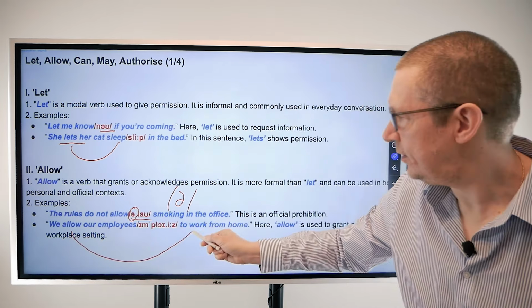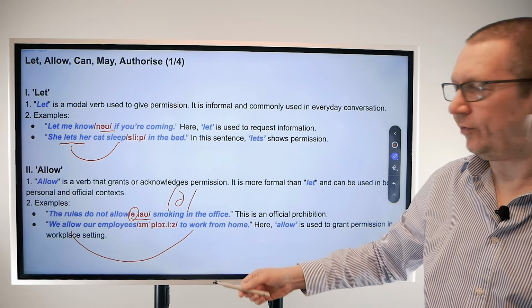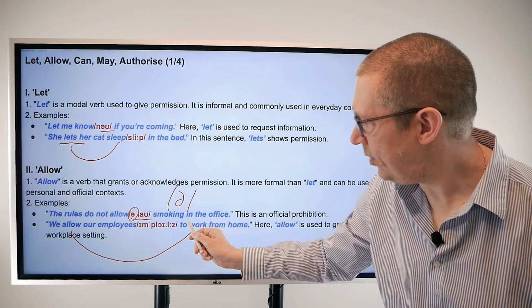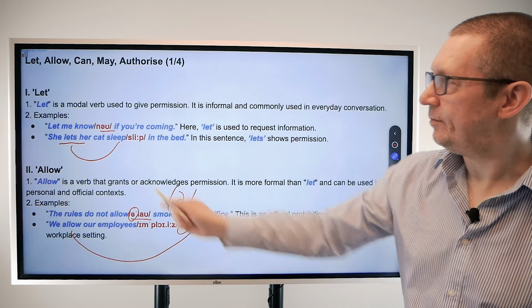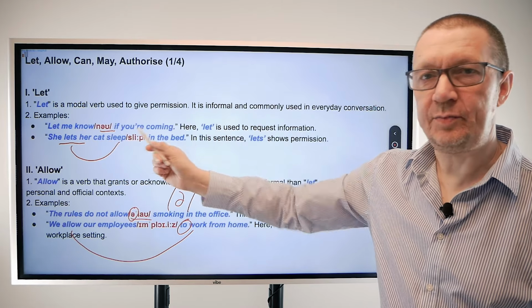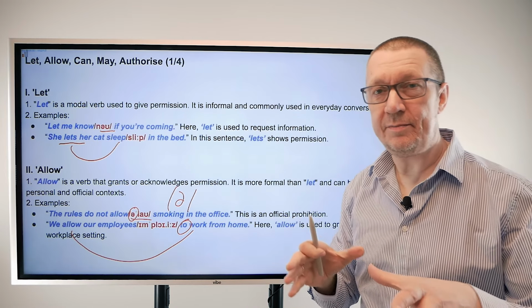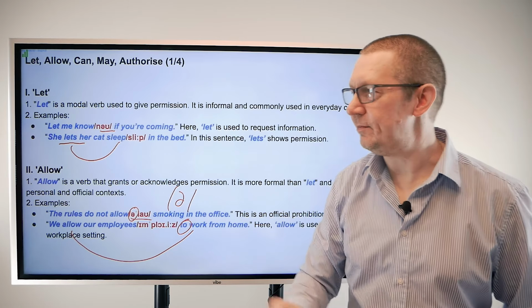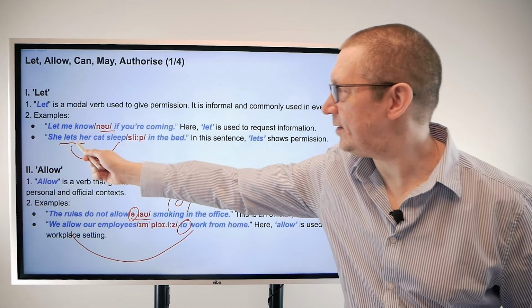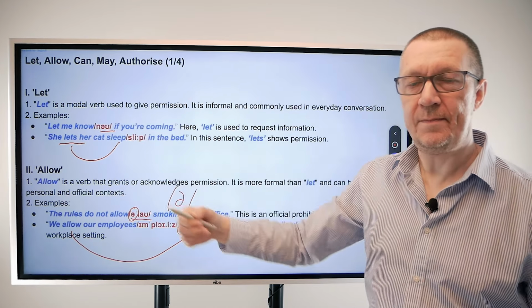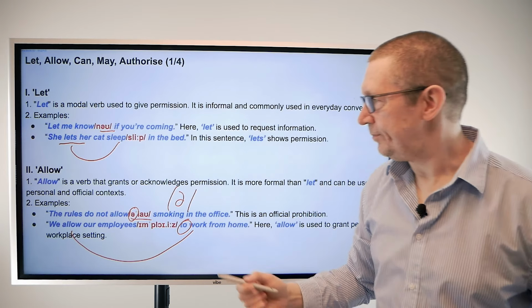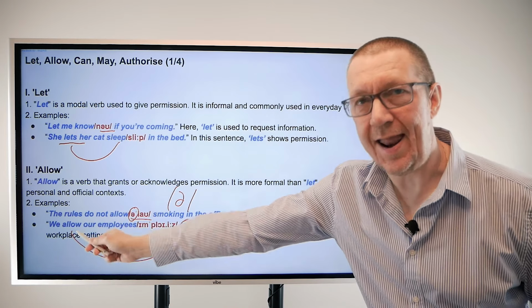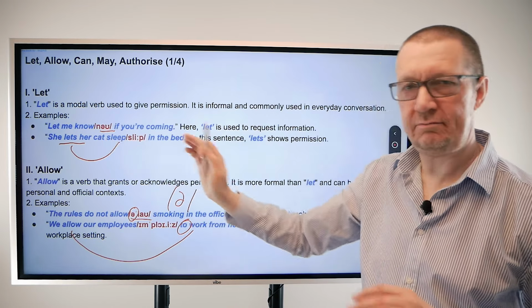So the infinitive form after allow has the to, but after let, it's without the to. This is very important to remember, because I've heard a lot of people make the mistake by saying she lets her cat to sleep or he lets me to go. But it must be only allow to, let no to.